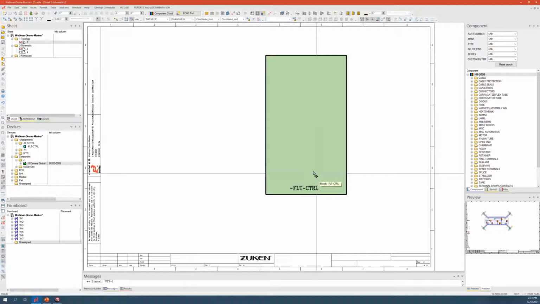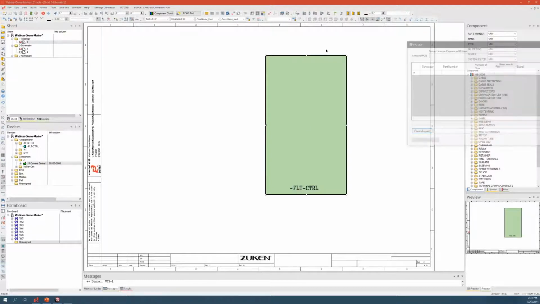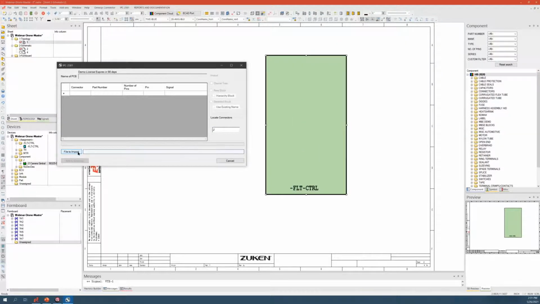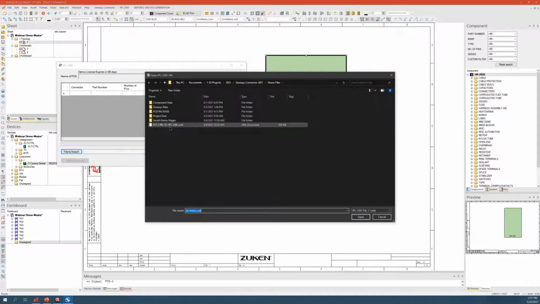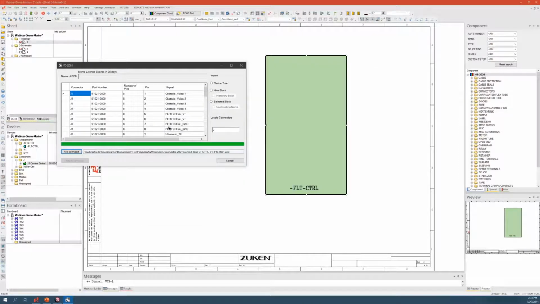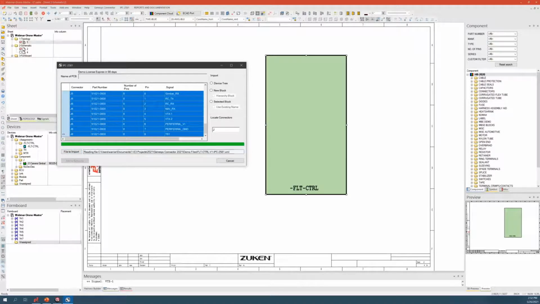And we talked about IPC 2581 and how do we use that, because the flight control board is coming from a different team. That is, we will use our IPC 2581 file to take the export from our board design team, select all that information, and let's place it on the selected block. We'll have the existing name and add it to the drawing.